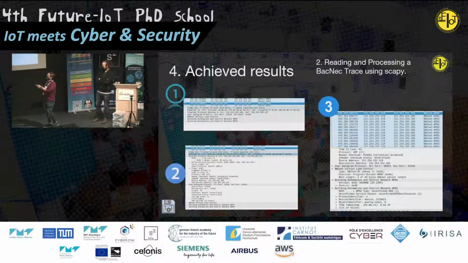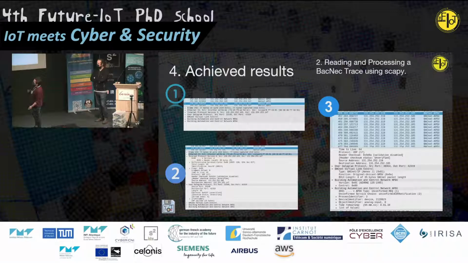So we have Ethernet, IPv4 in the first image, and then we see all the headers for IPv4: the version, the identification, the time to live, these kinds of headers for IPv4. And then for the BACnet protocol, we have some types or the length, the version, the control, and we have different layers for BACnet too.